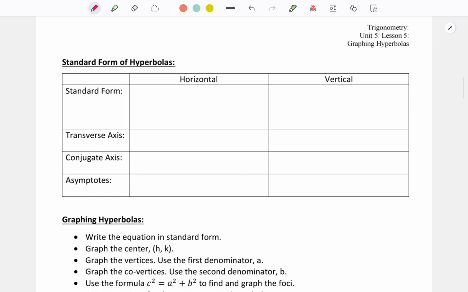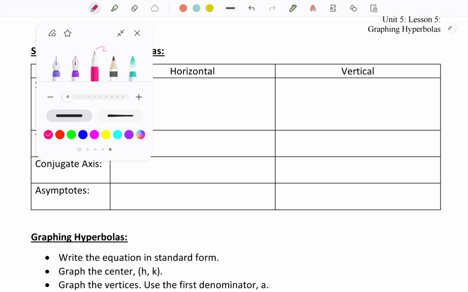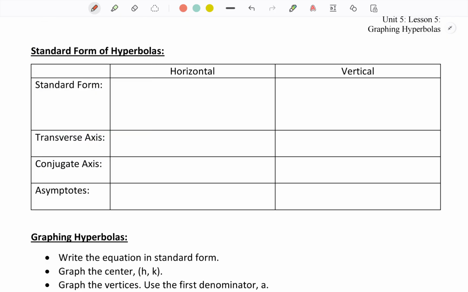And so let's look at our standard form for hyperbolas. We do have different standard forms if you are horizontal or if you are vertical. For your horizontal, you have (x minus h) squared over a squared minus (y minus k) squared over b squared.